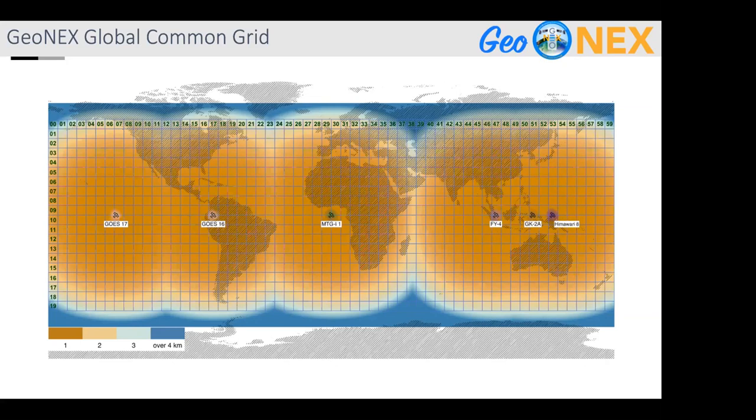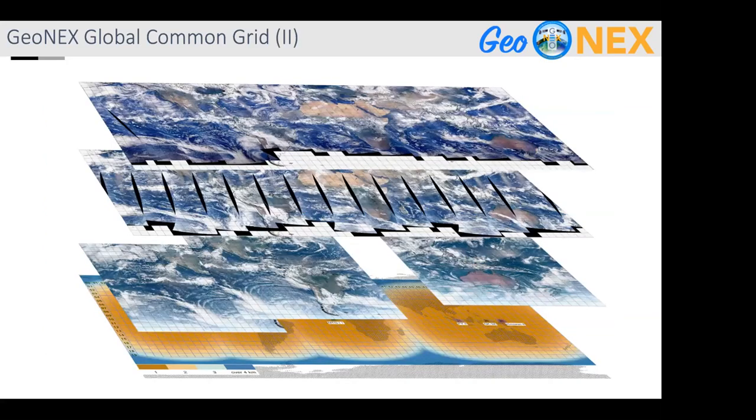Another way is to do a geo-LEO comparison. We use MODIS or VIIRS as the third reference, compare each of them separately to the same sensor, and then figure out what the differences are and how we can converge them together.